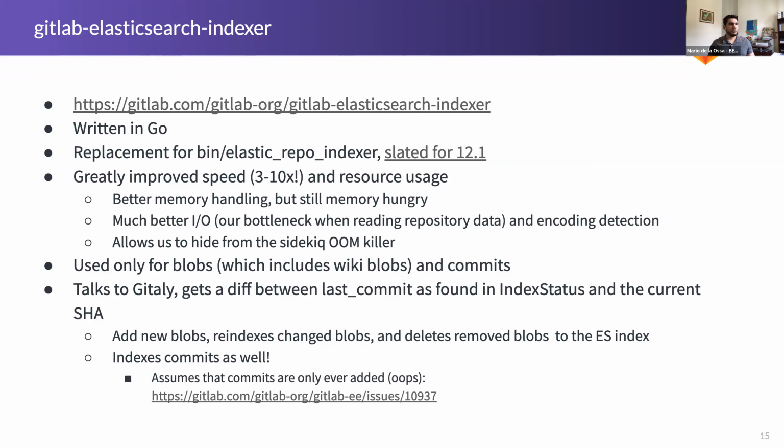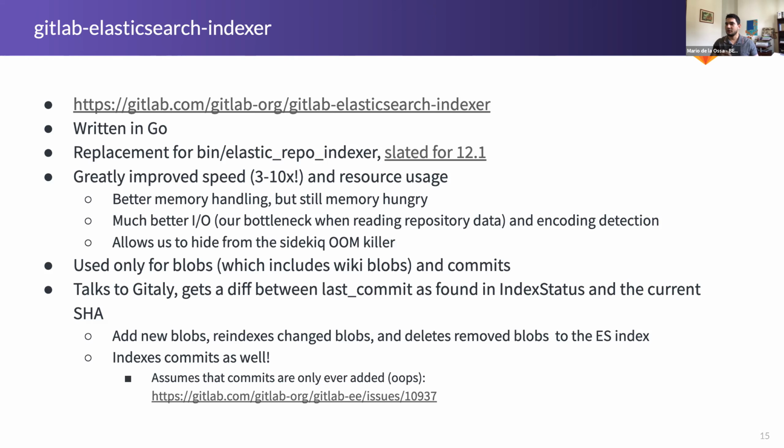But we do improve our I/O a lot, which is usually the bottleneck when we do repository data. And we improve encoding detection because we're using actual C compiled modules in this case. And it also allows us to hide from the Sidekiq out-of-memory killer. So before we have problems with our Rails script because it gets queued from Sidekiq.